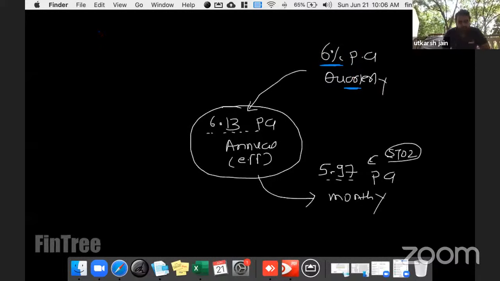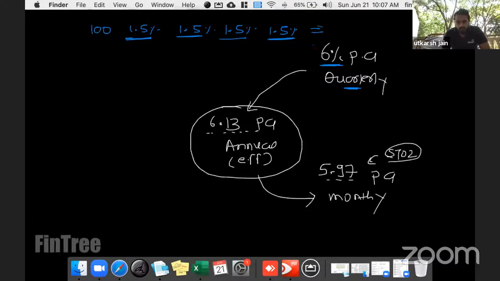Now, what does it mean? It means if I have 100 rupees with me, then every quarter the bank will give me 1.5% interest. The rule of thumb is very simple. If it's a quarterly rate, then I have to divide this number by 4. That is the end of the story. So 6 divided by 4, 1.5%.